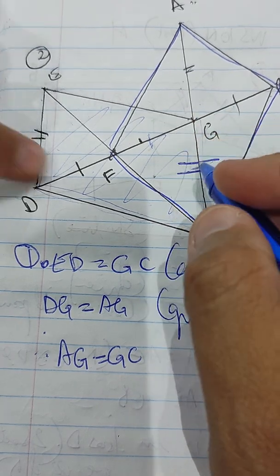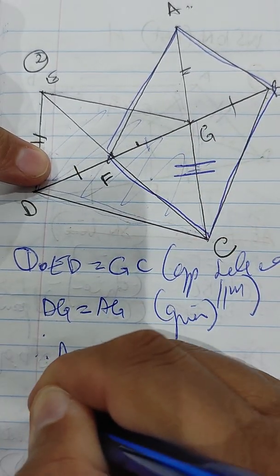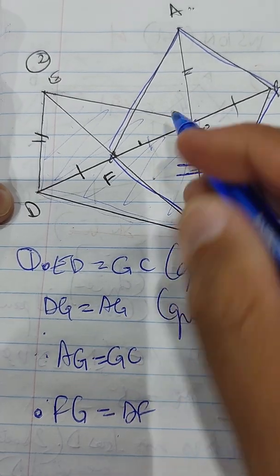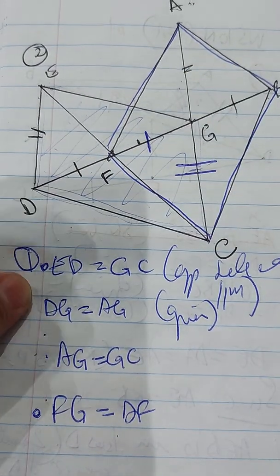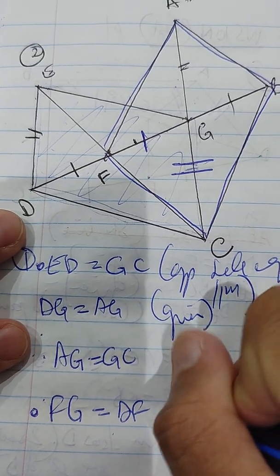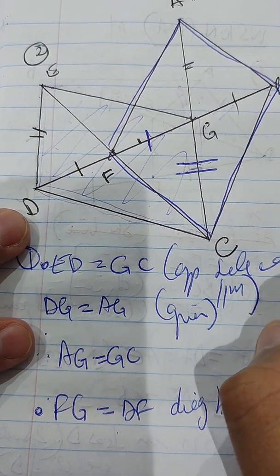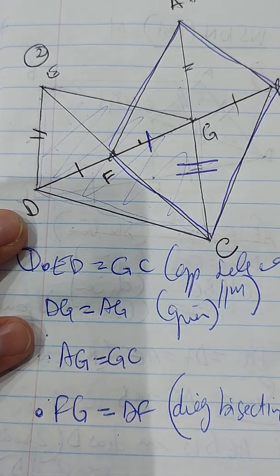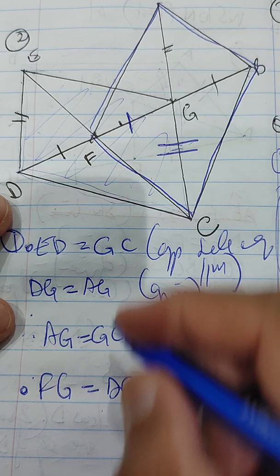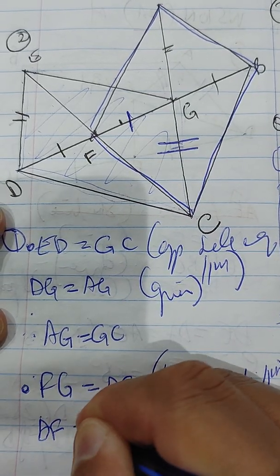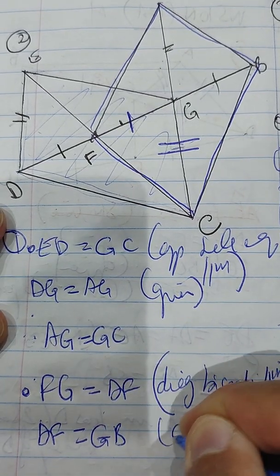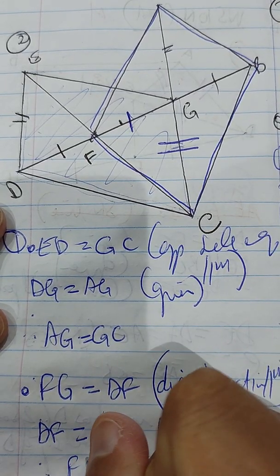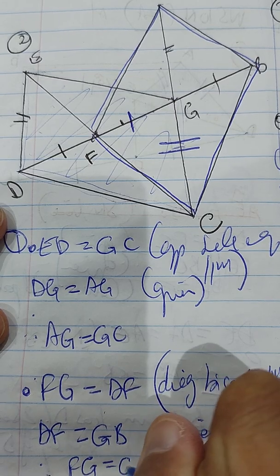Then we know that FG, now the second one, FG is equal to DF. That is equal to that. Why? Because diagonals bisect in a parallelogram. But DF is equal to GB. That was given. Therefore, FG is equal to GB.